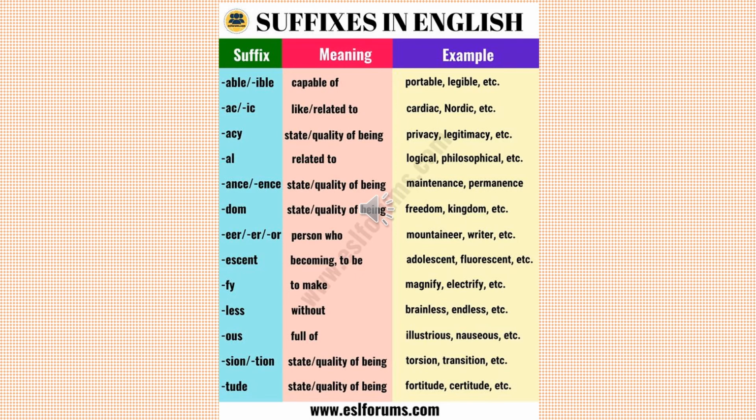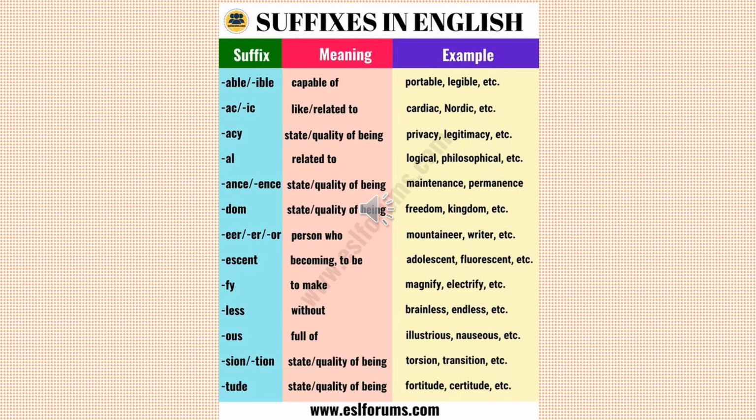Okay, what the suffix able means: capable of. When you add able to a word, you are saying that it's capable of, because that's the meaning. For example, we have portable and we have legible. It means that it's capable of something.